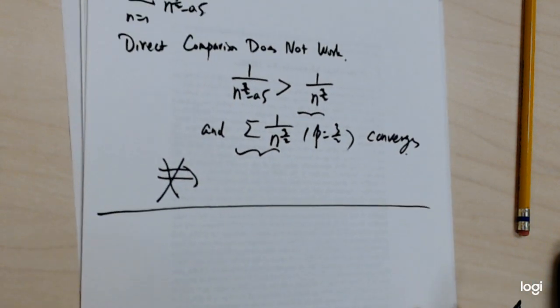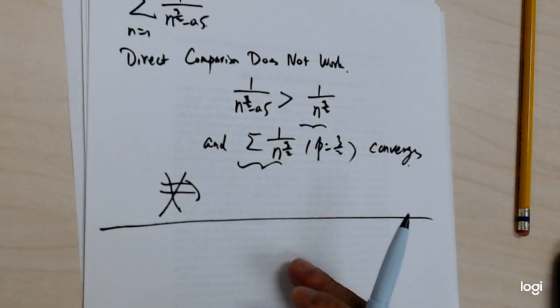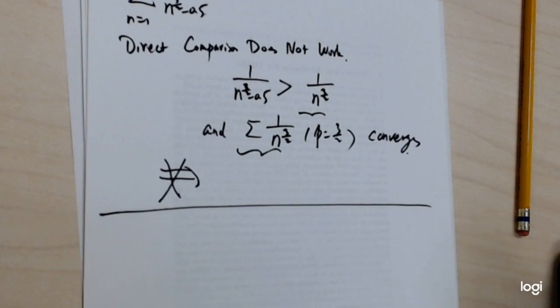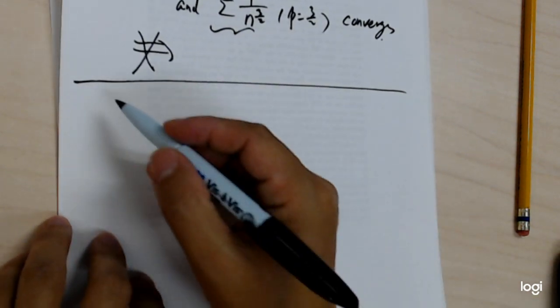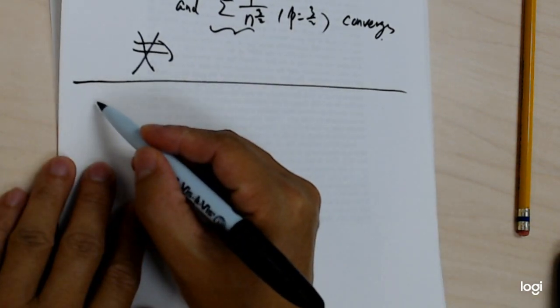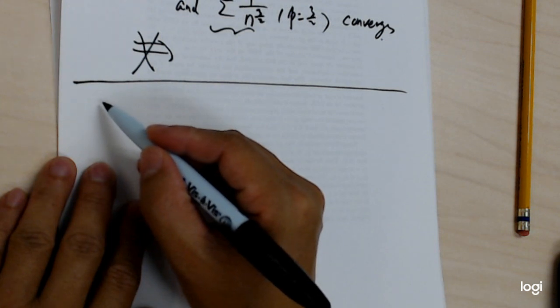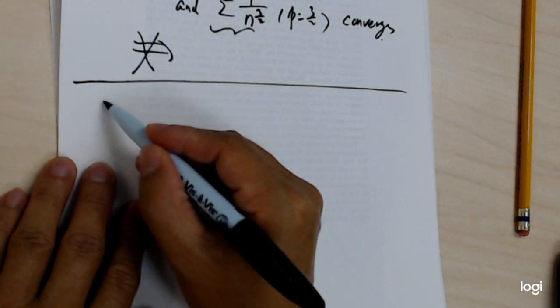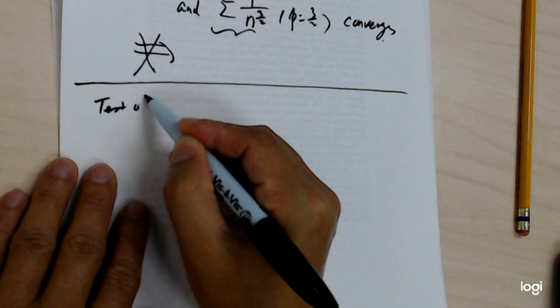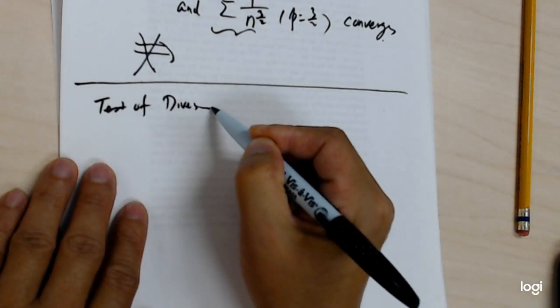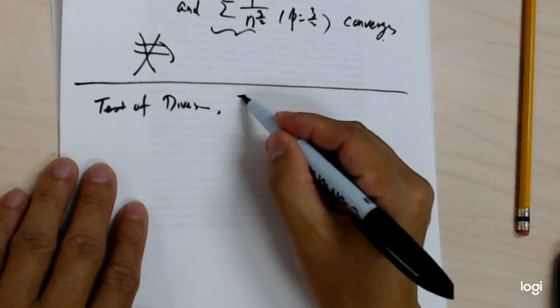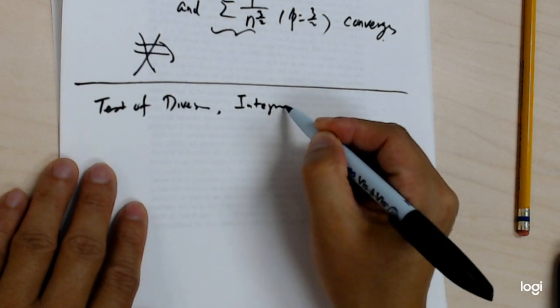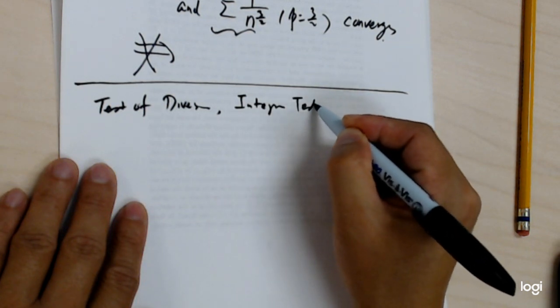So today I will show you a new method, which is also part of comparison, and this time we call this the limit comparison test. So that'll be pretty much your fourth test. You have the test of divergence. I need you guys to review all of this. You have the integral test that we just reviewed.